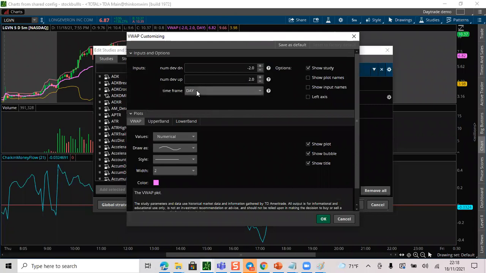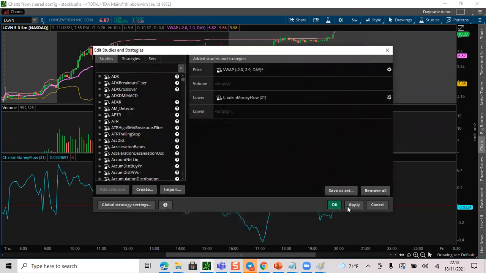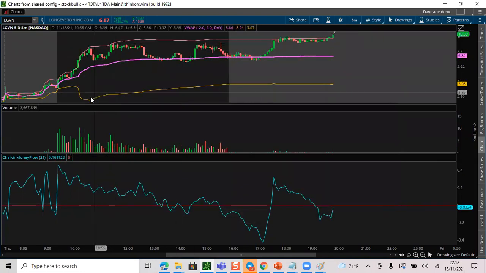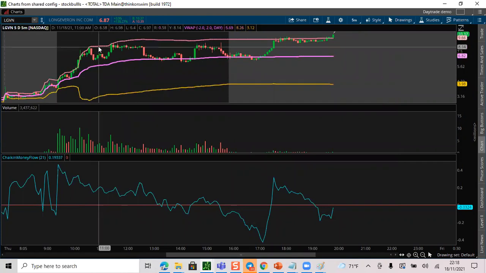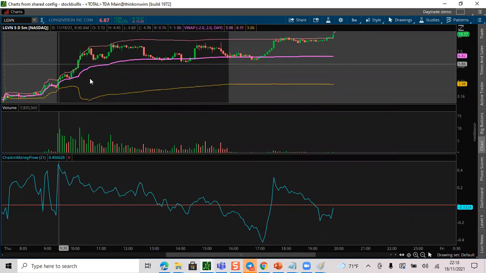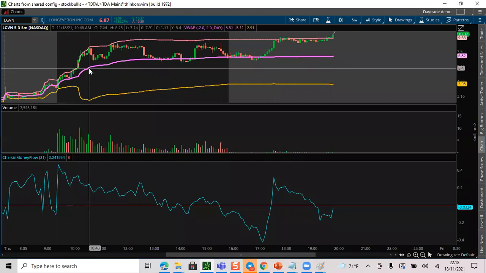So based on the average price, it just applies the standard deviation, two factor up, two factor down, and then they get this overbought and oversold. You can see this right here. This is the upper band and this is the lower band. This is the standard deviation two factor up. This one is the standard deviation two factor down. And then we are filtering out the stocks which are right above the VWAP line.